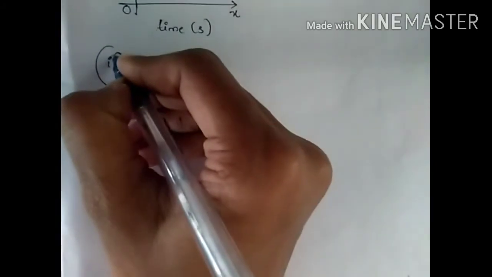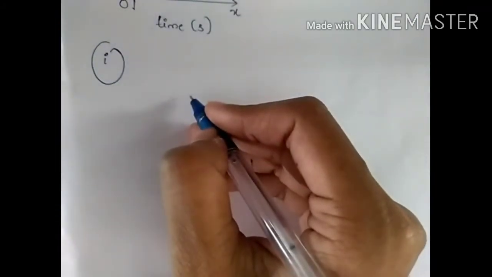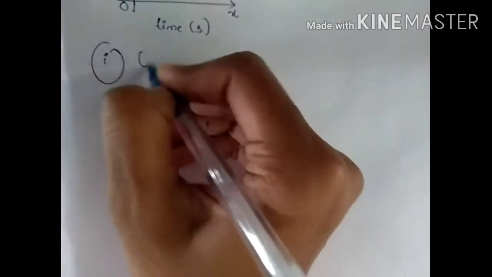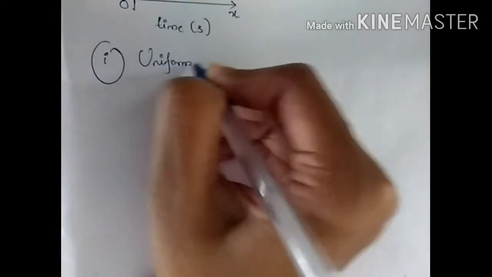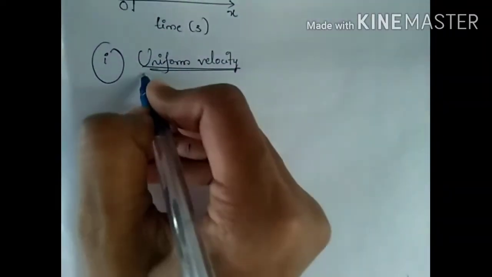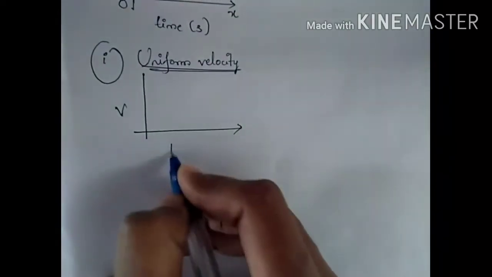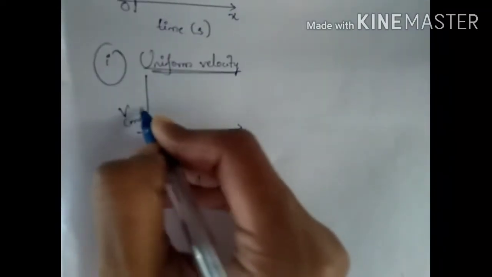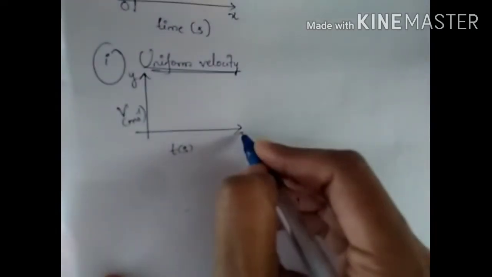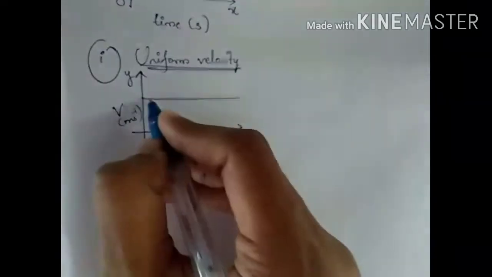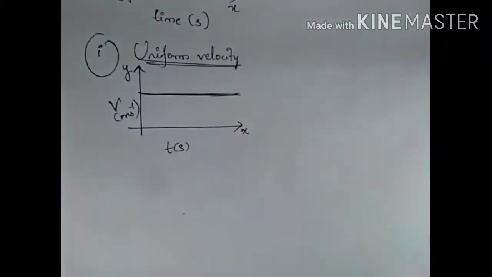In this, let us see the first case. The first case would be the velocity time graph for a body traveling with uniform velocity. For uniform velocity, the VT graph would look like a constant line which is parallel to the x-axis or the time axis.